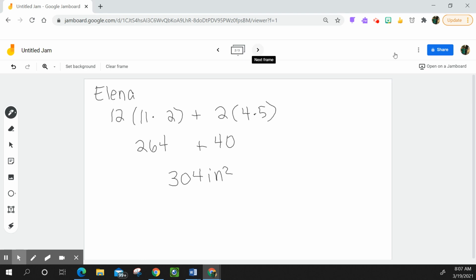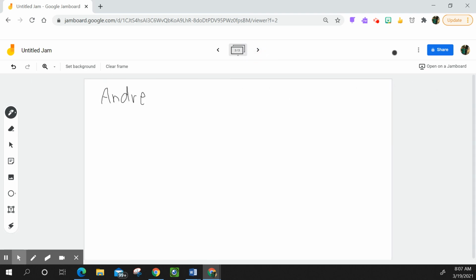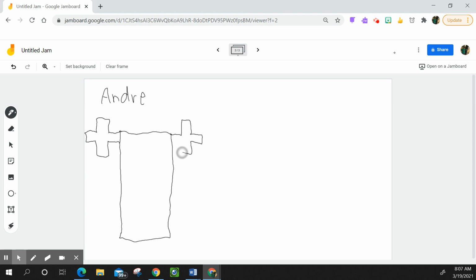Now Andre is going to take that original, so we've drawn out the net for Andre. Don't forget the bases. Now I'm only drawing the net because conceptually I need you guys to see this. So 11, 24.